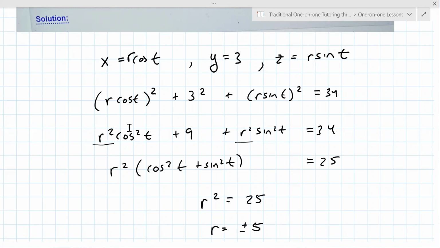And it does x equals square root 25 cosine t, z is square root 25 sine t. So not super helpful. It doesn't really give you the full scope of it. It just gives you a how-to if you had a similar problem.